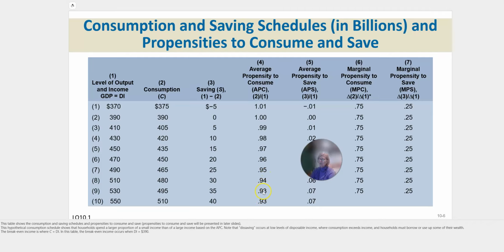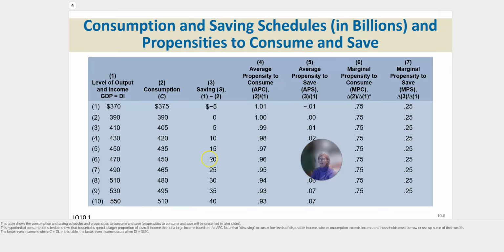Now here we have two 93s. That may be because we're talking about a rounding error. On savings, there is none, and then there's 1%, 2%, 3%, 4%. And again, for the last two, they're both 7%. But what's obviously happening is that we get $20 billion extra each time.